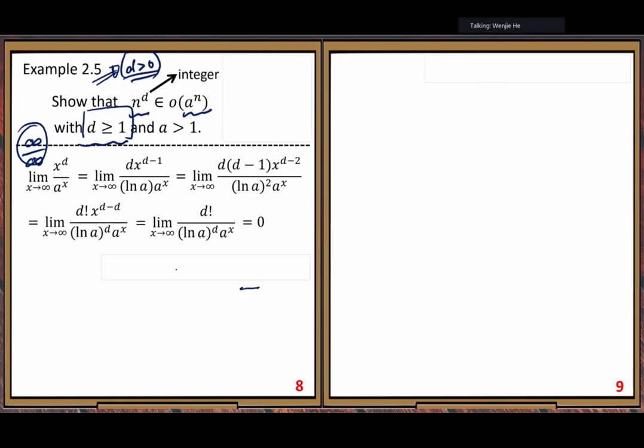That means the whole limit must be 0. So we proved the case when d is an integer, the simplest case.